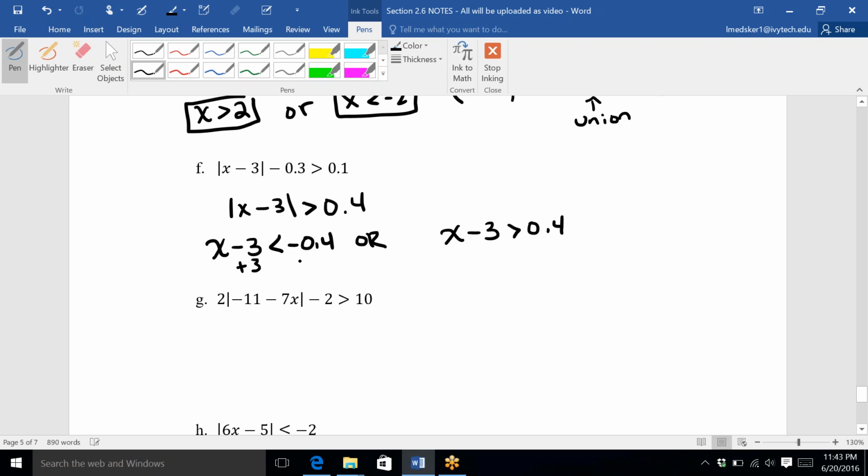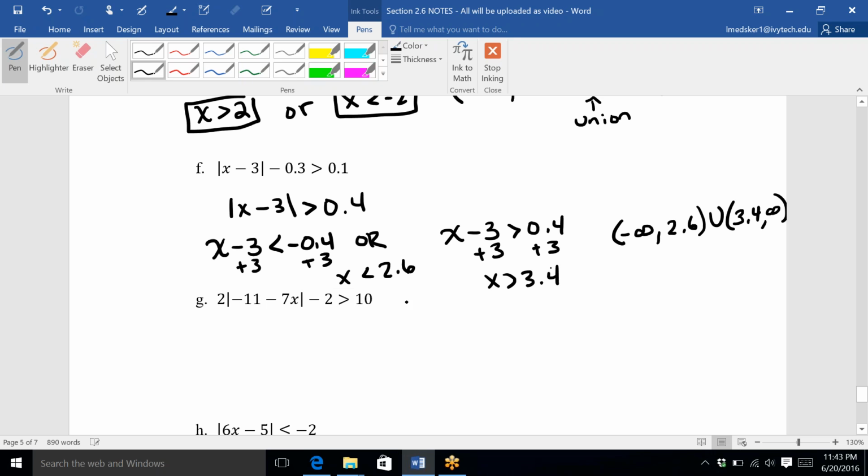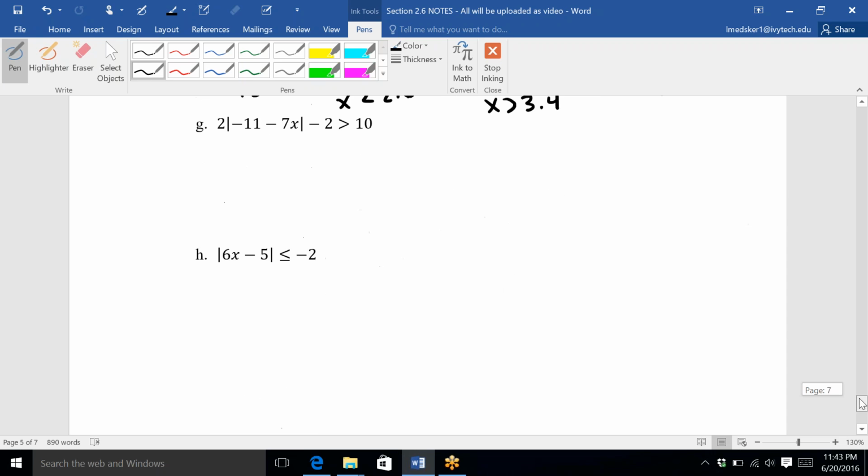So in this case, I would add 3 over, and I would get x is less than 2.6. In this case, I would add 3 over and get x is greater than 3.4. So again, one's going to negative infinity, the other one's going to positive infinity. So negative infinity bumps up to 2.6, unioned with 3.4, which then goes to positive infinity. If you need to graph it to see that, please feel free.